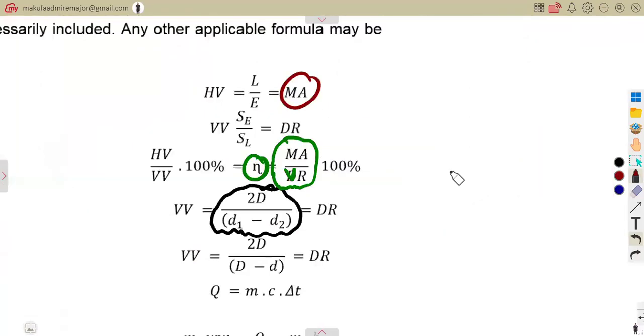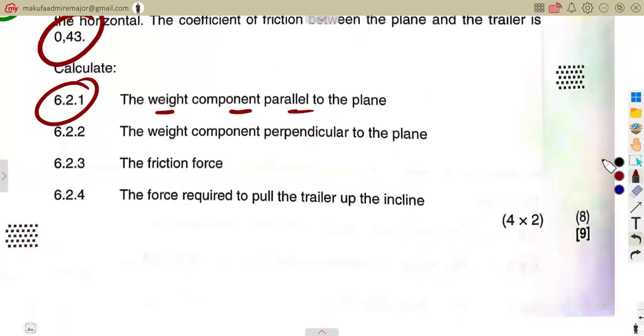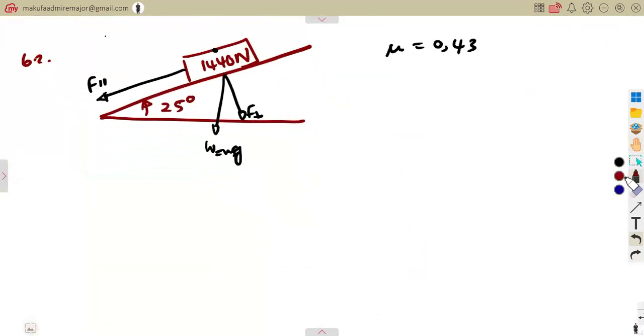If you have forgotten your formulas, they are there. The one that is parallel, that's your Fs. So Fs is equal to W sine theta. From there, we can calculate the weight component parallel. All right, so that's 6.21. That's Fs, or you can write it as F parallel.